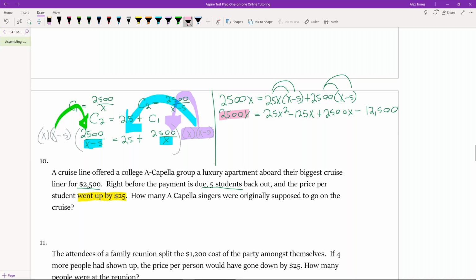And we've got 2,500x here and here. So we can subtract those from both sides and they would just cancel away. So rewriting it, 0 equals 25x squared minus 125x minus 12,500.